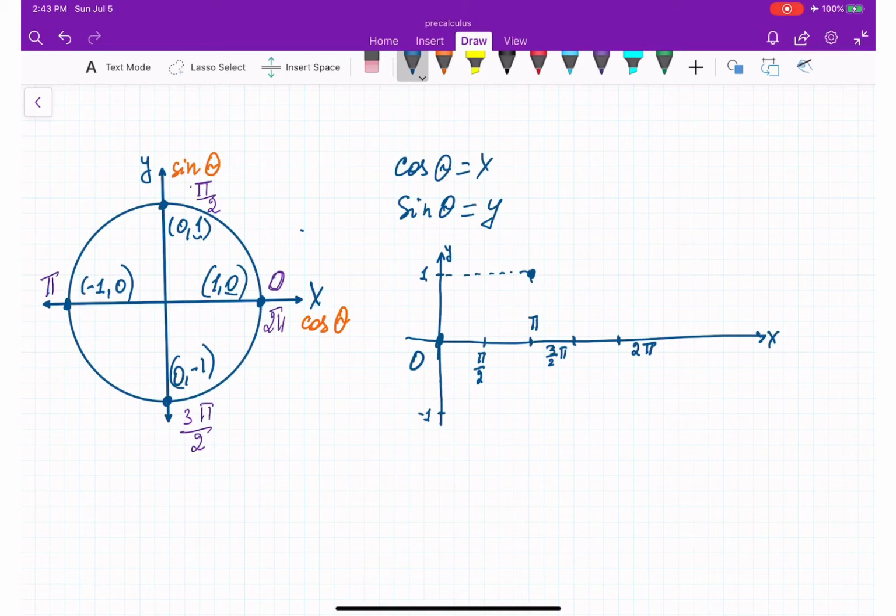At the point of pi, my y is equal to 0. At the point of 3 over 2 pi, our y, or sine x, is going to be negative 1. And at the point of 2 pi, our y is going to be 0, back to its initial position.